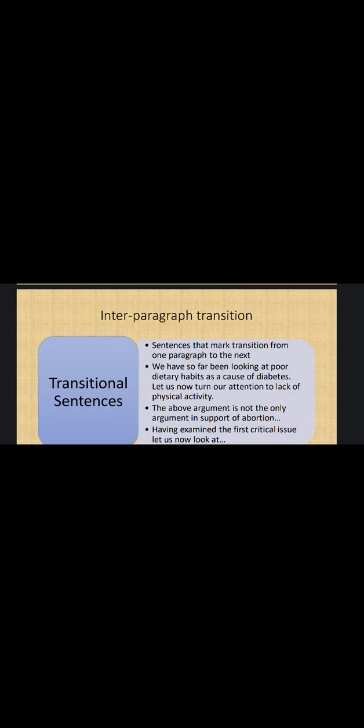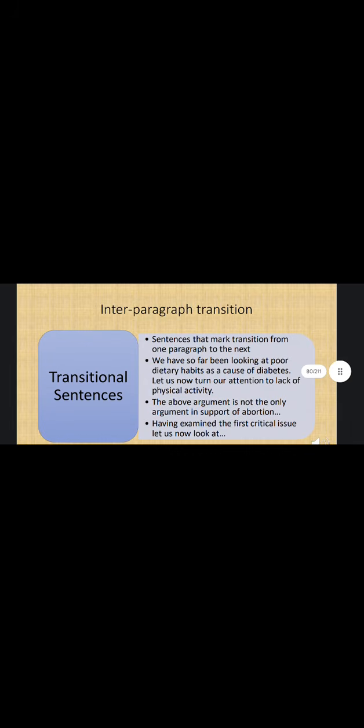Instead of maybe saying firstly, you say, to begin with, I would like to tackle, or I would like to highlight this, whatever, then you continue writing. After you are done with that paragraph and you are about to write the second paragraph, you talk about it. That's what we call inter-paragraph transition.